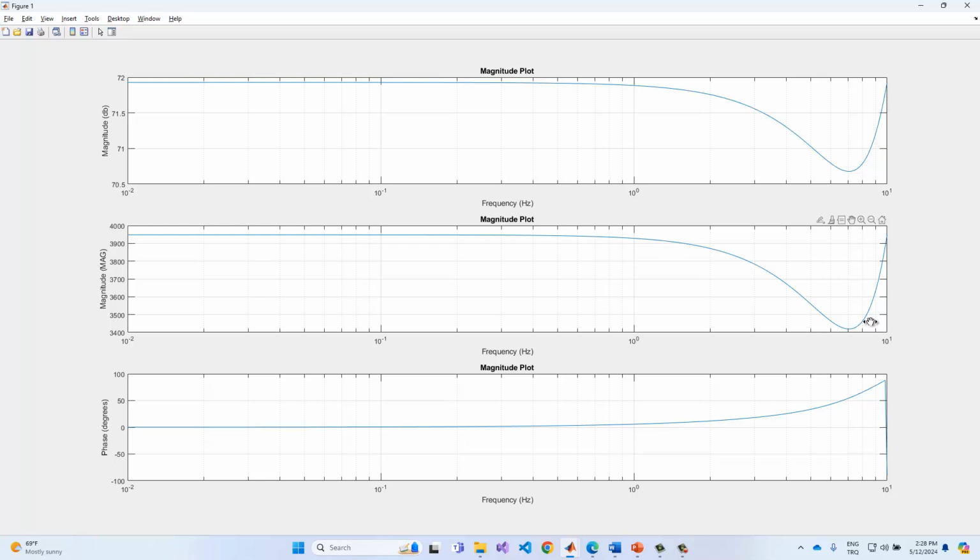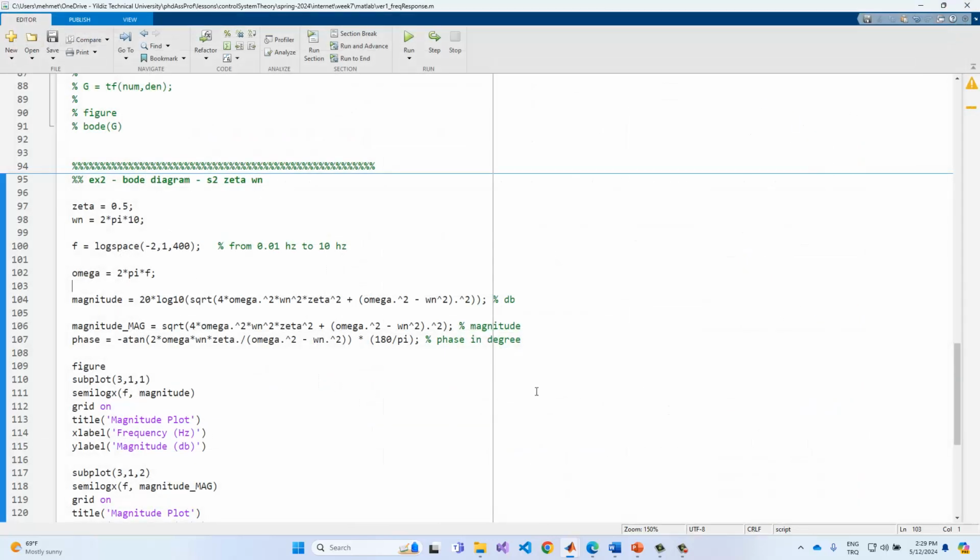And so from 1 hertz to 10 we have some diminished point, a local point in here at the magnitude, but we don't have any fast shifting, which means that if we apply a 1 hertz sinus to this system, then we will get the 4000 value up to 1 hertz. This is the meaning of these signals and the determination of the form.